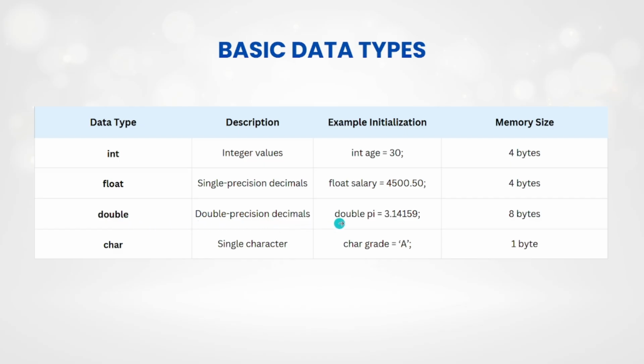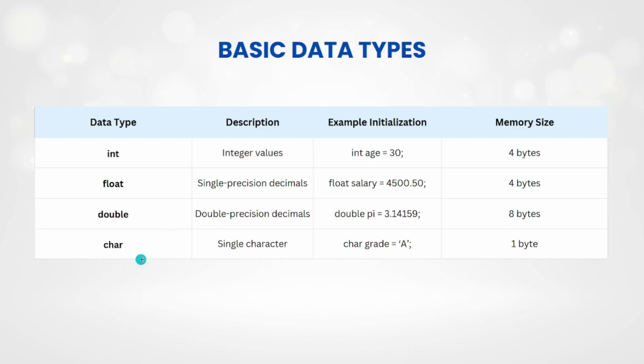So we have double pi equals 3.14159. The difference between float and double is that double provides more precision. By using double, you have a memory size of 8 bytes.